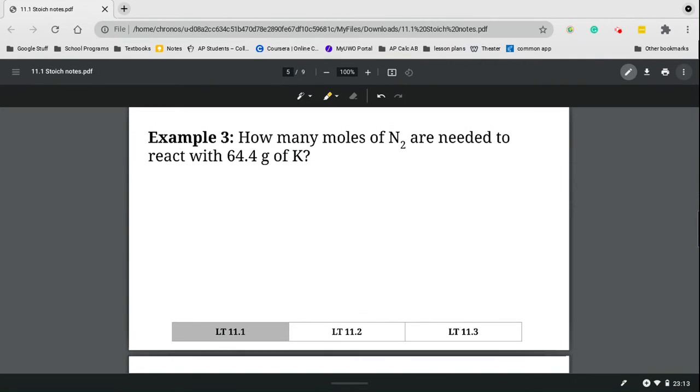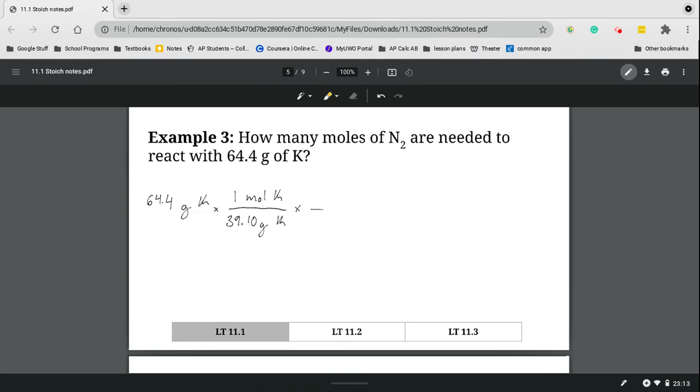How many moles of N2 are needed to react with 64.4 grams of K? So now we have an extra step because we're trying to get grams to moles. And so we start off with that 64.4 grams. Okay. And now we need to reference the periodic table to know that in 1 mole of K, there are 39.10 grams.